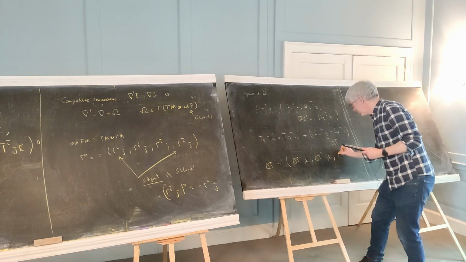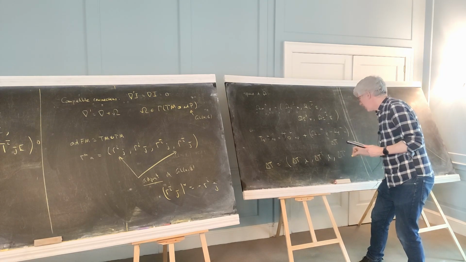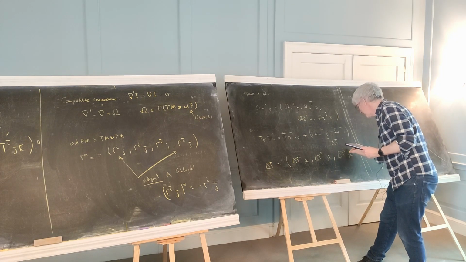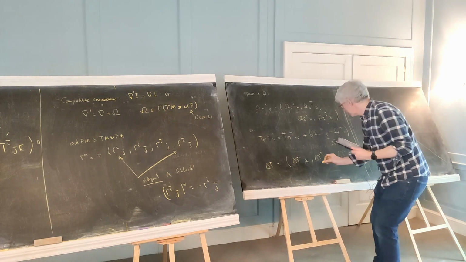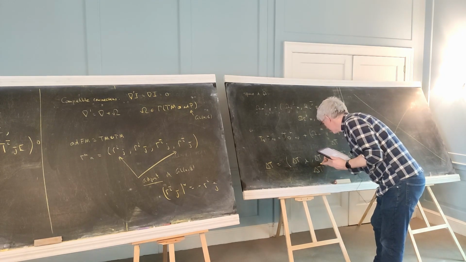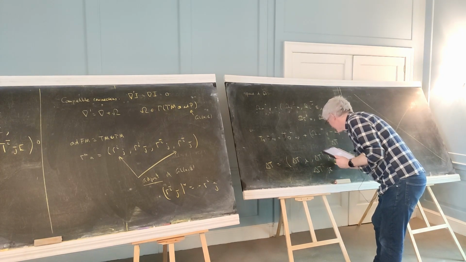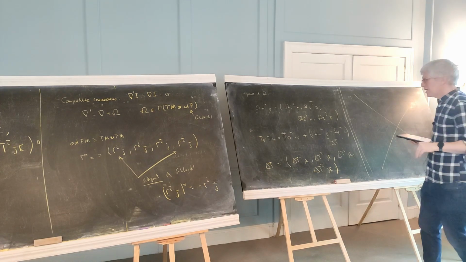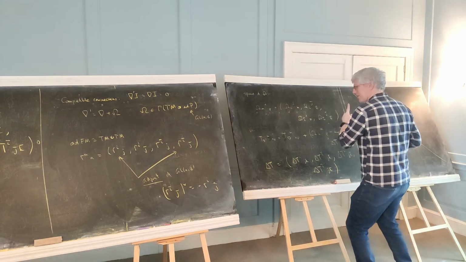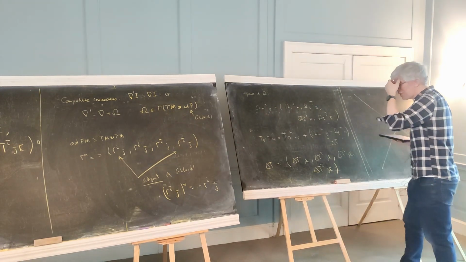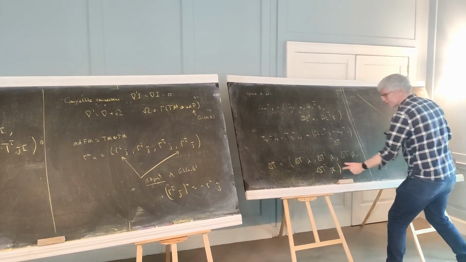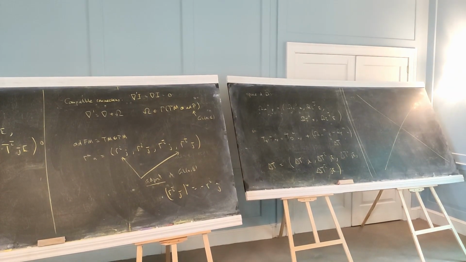We can have something where there's an I upstairs and a barred and an unbarred downstairs. And we can have something where it's all barred. So I'm just trying to keep track of the representations. So if I shift the compatible connection, I can shift the torsion by things in these 4 representations, right?